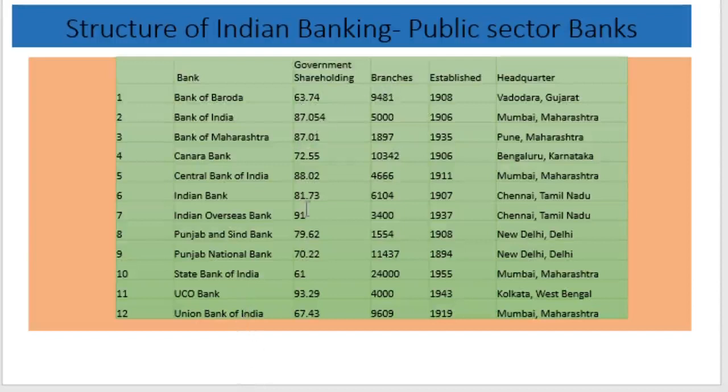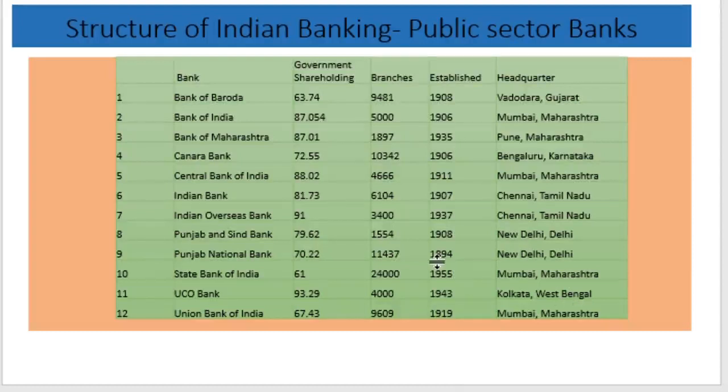Here the government shareholding, number of branches, year of establishment and headquarters of these public sector banks are given, and the highest number of branches goes to the State Bank of India, which was established in the year 1955. It is headquartered at Mumbai in Maharashtra.